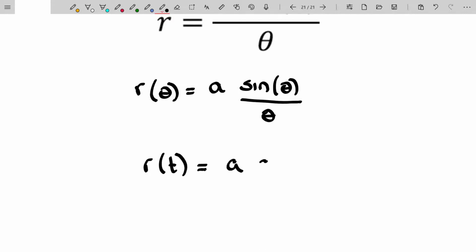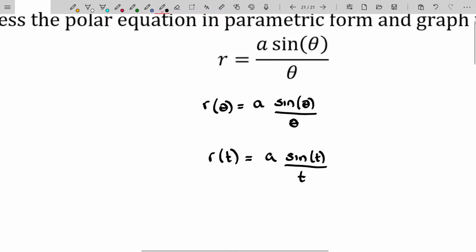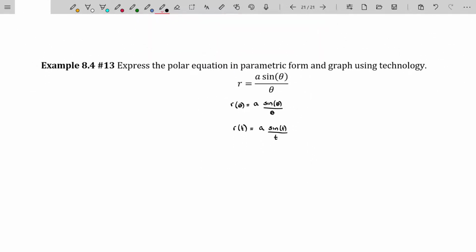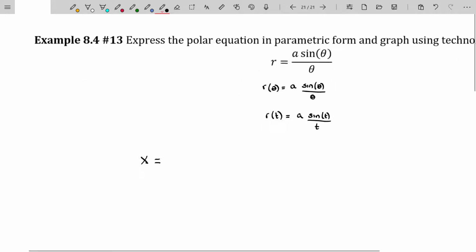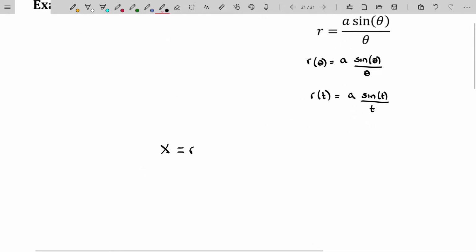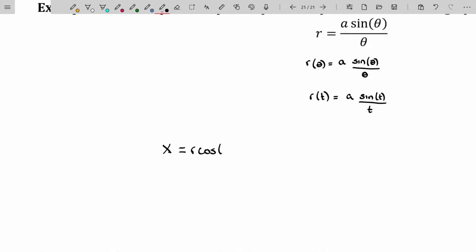R of t is equal to a sine of t over t, just because I'm going to move into parametric form. In parametric form, well, maybe I should say in polars, x is always defined to be r cosine of theta, but we're going to use t here. R is a sine of t over t, and then we have this cos of t.